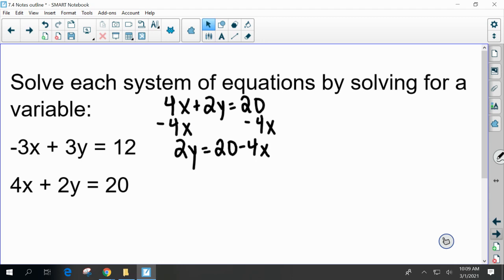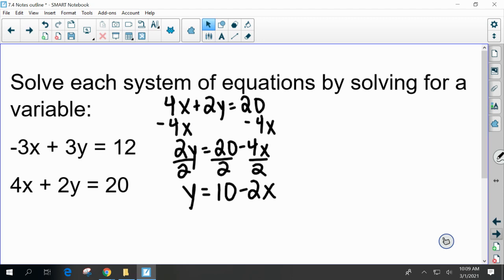And I still need to get y by itself, so I need to divide everything by 2. So y equals 10 minus 2x. That's what y equals, and we used the bottom equation.